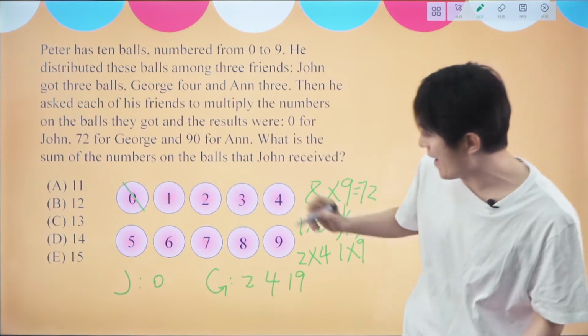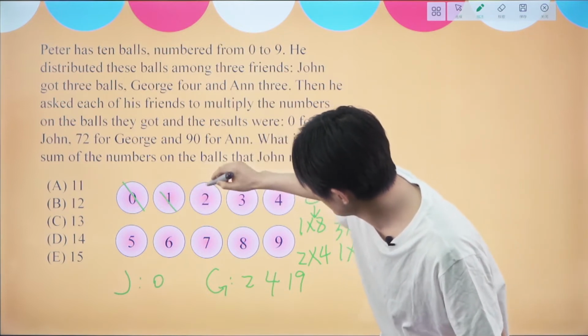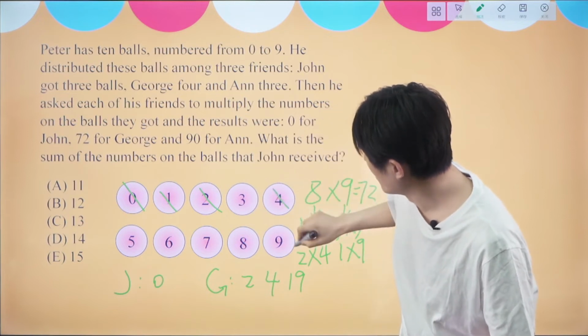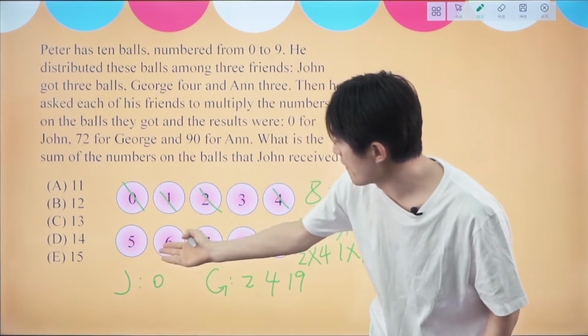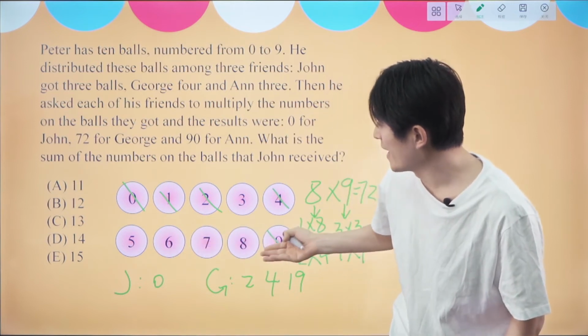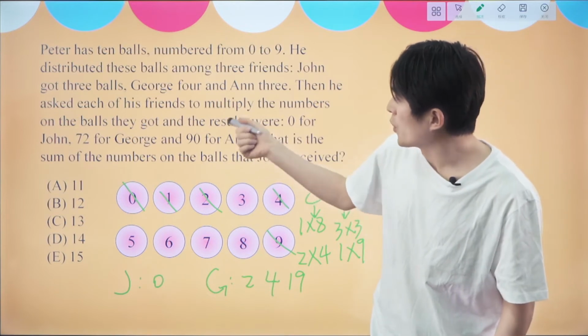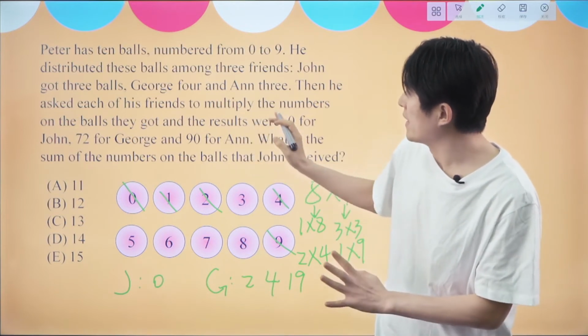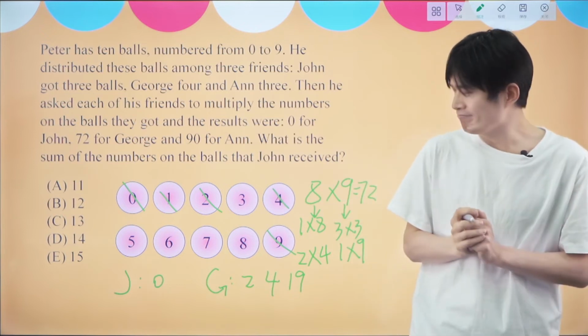So we say goodbye to 1, 2, 4, 9. And then we have 3, 5, 6, 7, and 8. And we know that when you multiply 3 numbers, you get 90.